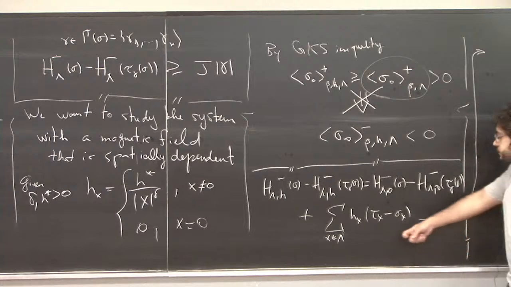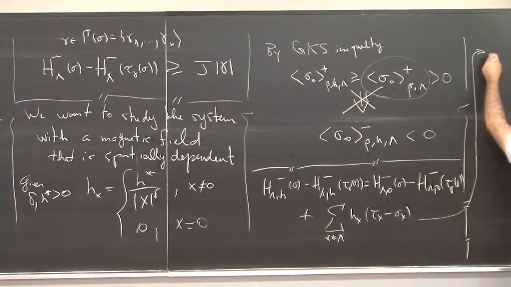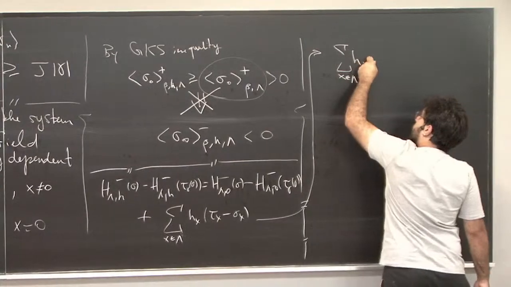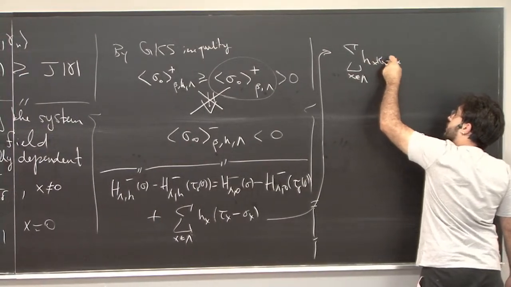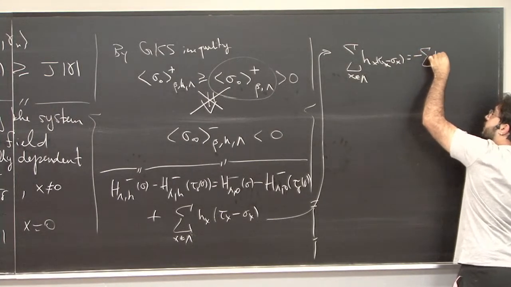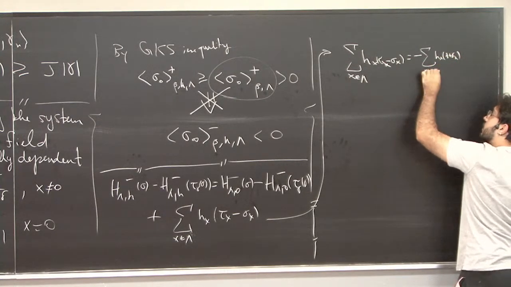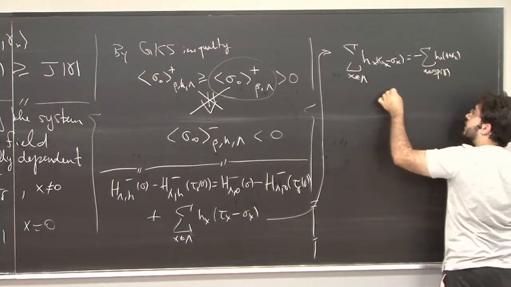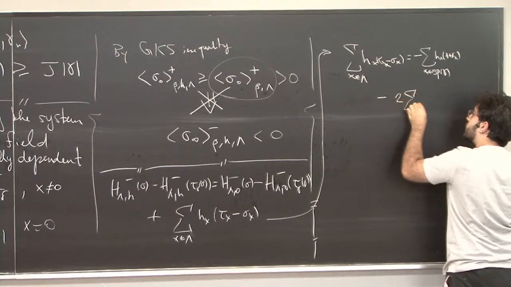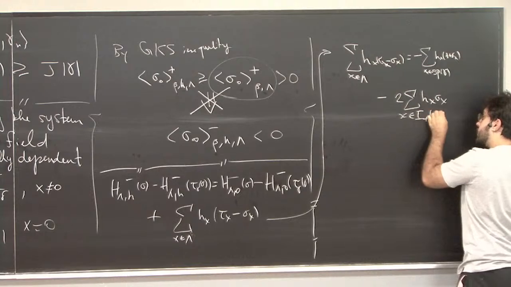So what we did is to calculate this thing over here, and then we got that the difference tau x minus sigma x will be minus the sum of h x (1 plus sigma x) inside the support, minus 2 times h x sigma x inside the plus interior. Okay?